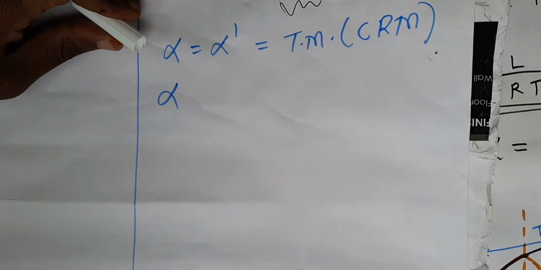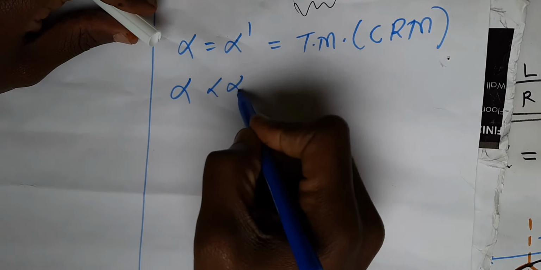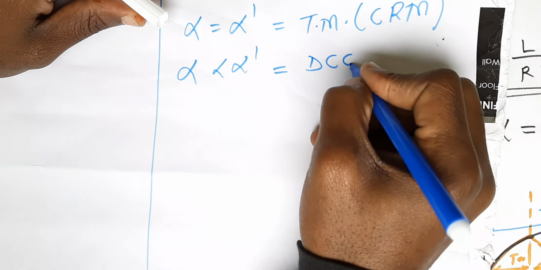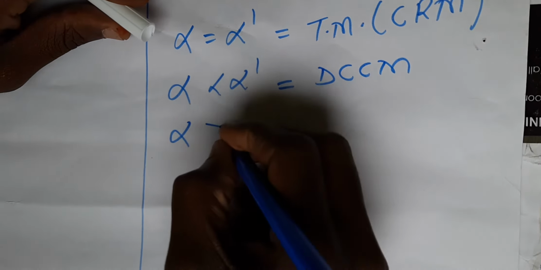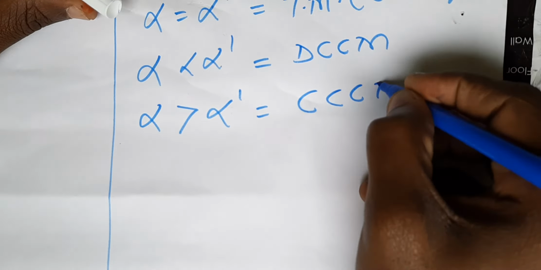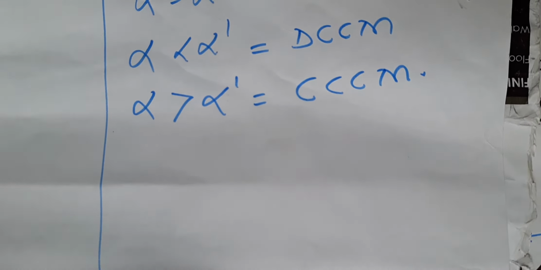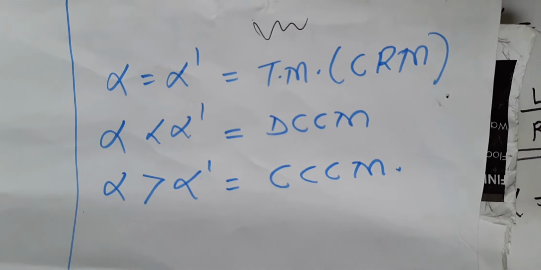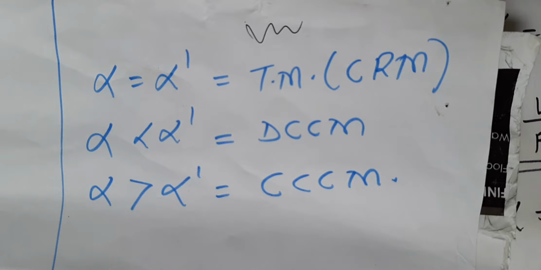When alpha is less than alpha prime, we are going to have discontinuous current conduction mode. And when alpha is greater than alpha prime, we are going to have continuous current conduction mode. Okay? So in the next video, we'll see how we can determine the mode of operation based on extinction time.